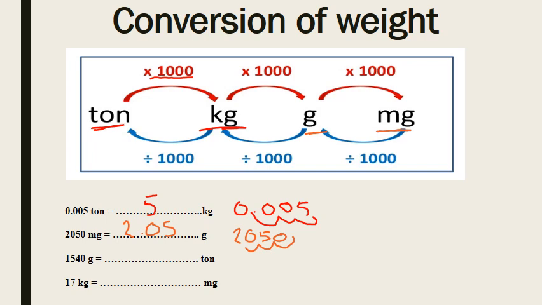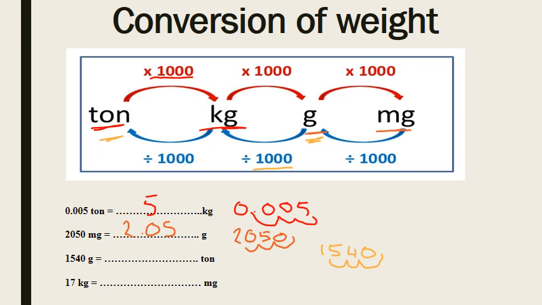We've got 1,540 grams, and I now want to convert it to ton. So I have to go from grams to kilograms, I have to divide by 1,000. Let's do that first. So 1, 2, 3. But now I've just converted to kilograms, and what I want is tons.